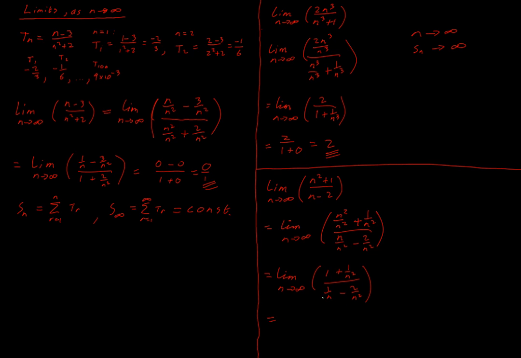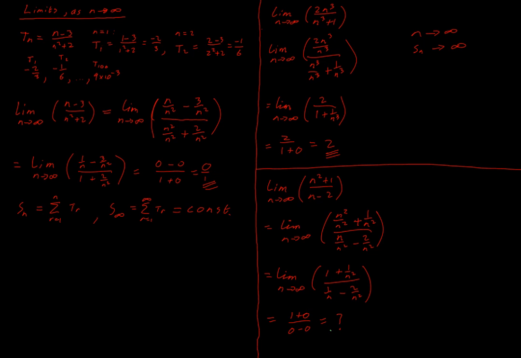If we run the limit now, we end up with 1 plus 0 all over 0 minus 0, which is equal to, we're not sure.